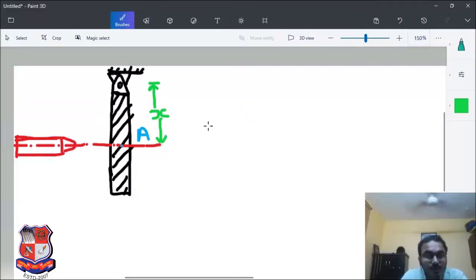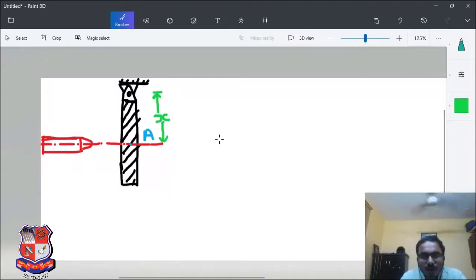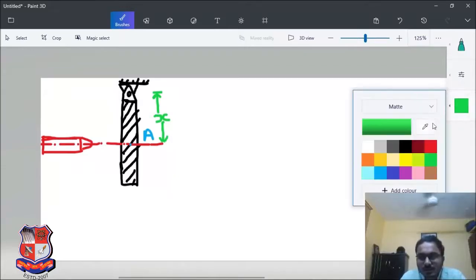To reiterate, here this plate is hinged, so the plate can only rotate, and this is the nozzle, so out of this nozzle the jet will come out and it will strike this plate and make this plate rotate through an angle. Okay, now we will see what happens when the jet strikes this plate.